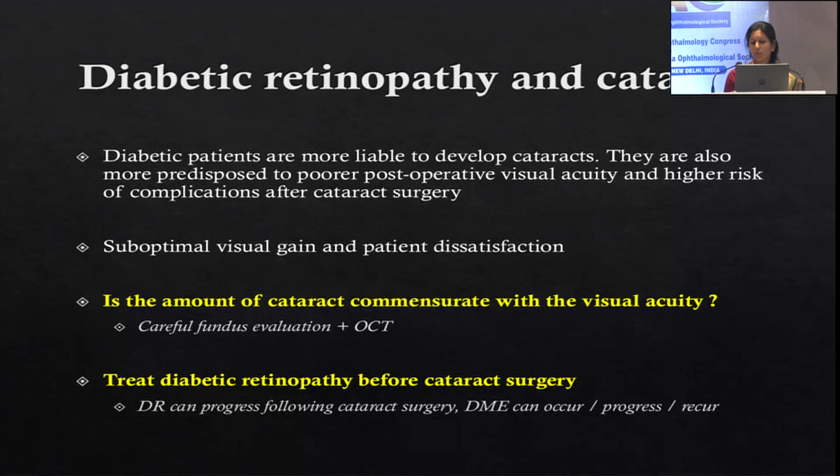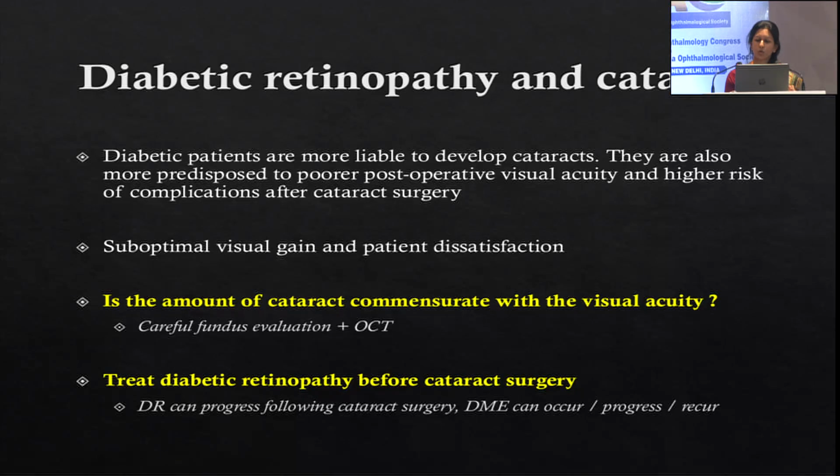The second point which I want to drive home is that the diabetic retinopathy should be treated before the cataract surgery. As I mentioned earlier, there is an increasing trend to do it alongside, to give the anti-VEGF along with the cataract surgery. However, the RCTs have shown that the better result is seen if the diabetic retinopathy is treated prior to the cataract surgery, and then only the cataract surgery is done.